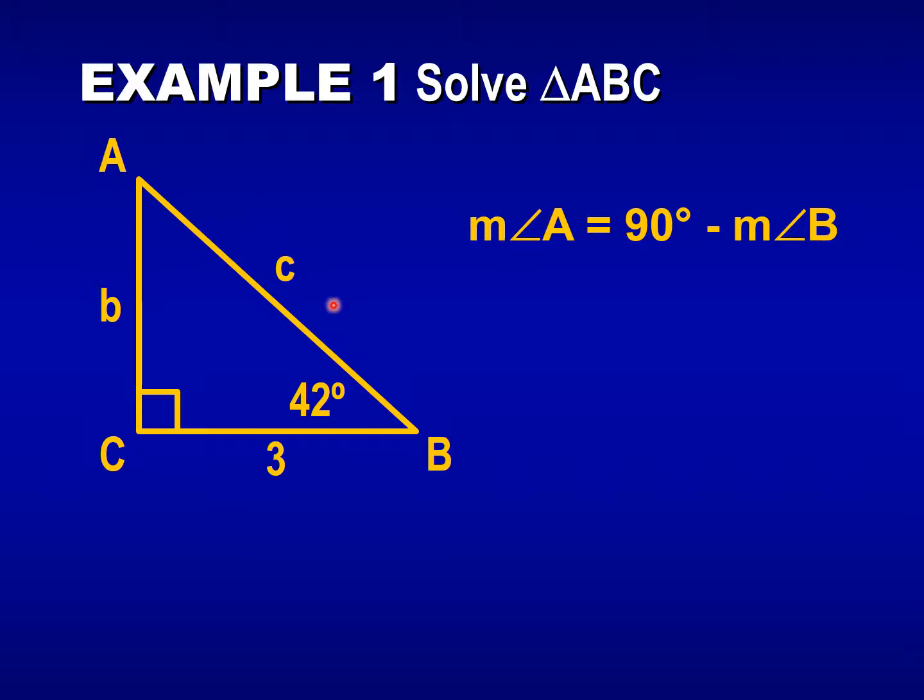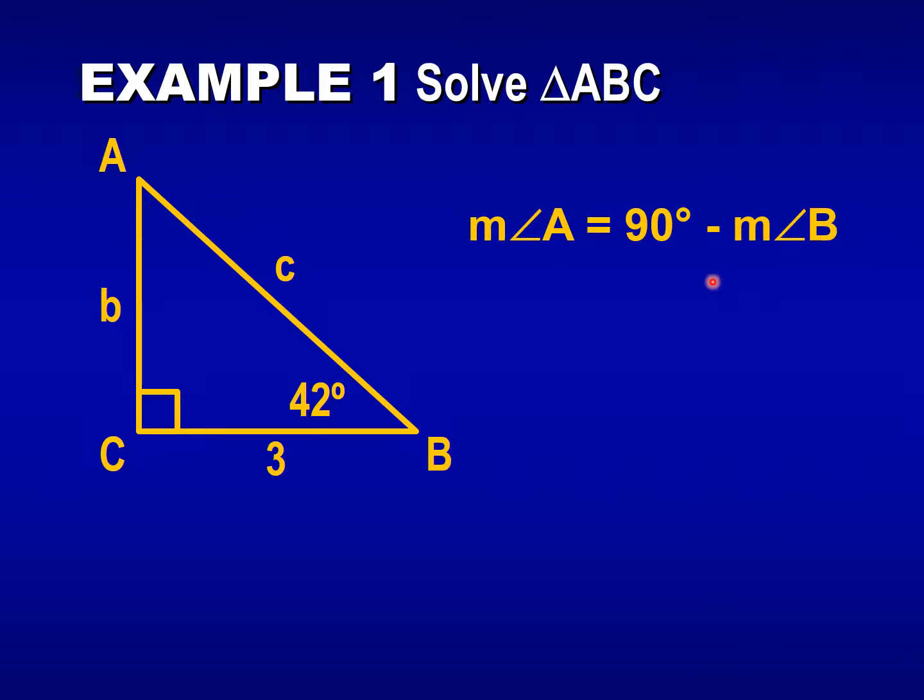So if these 2 angles have to add up to 90 degrees, then to find angle A, all we have to do is subtract angle B from 90 degrees. So the measure of angle A is 90 degrees minus the measure of angle B.